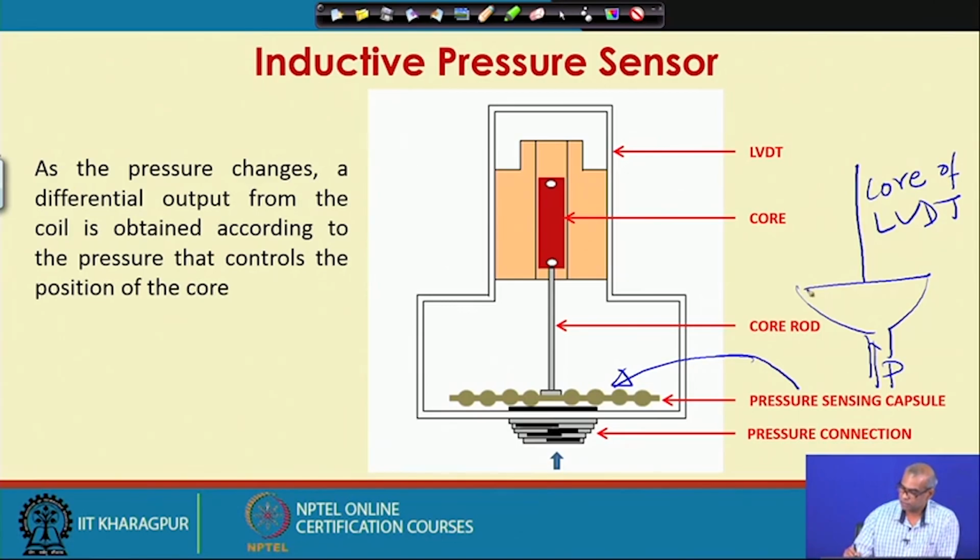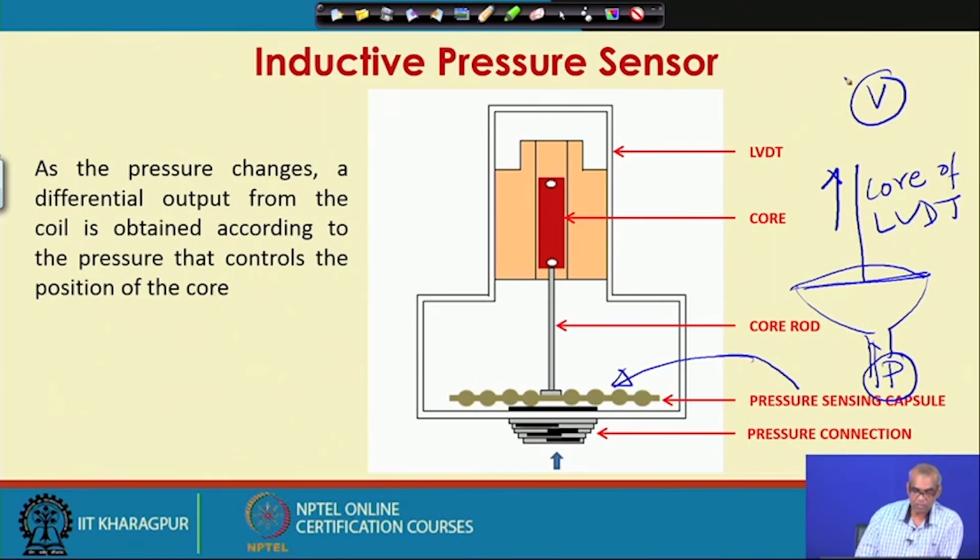This pressure works on this diaphragm. So, the diaphragm will deflect. If the diaphragm deflects, the core will move up. So, that displacement will cause LVDT to give a voltage as an output. So, this pressure will be related to the output voltage from the LVDT.